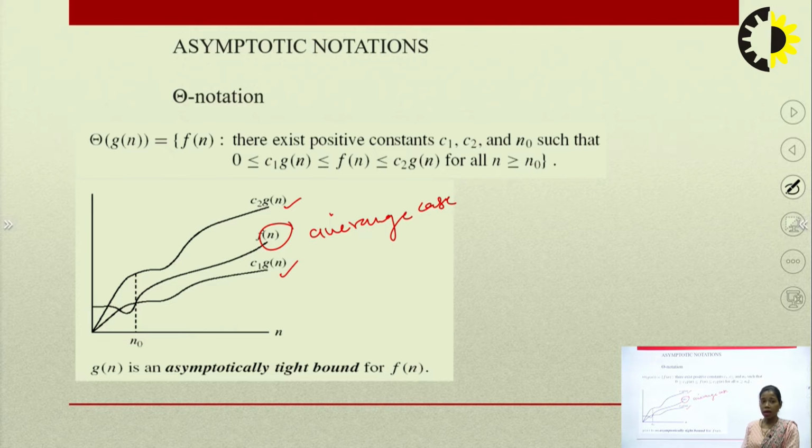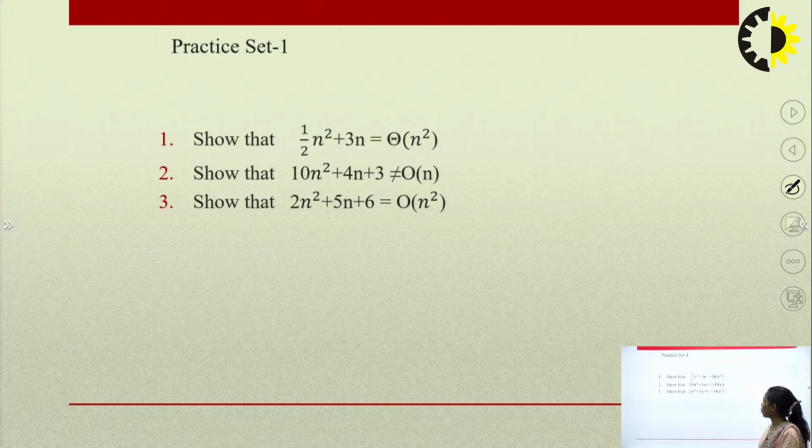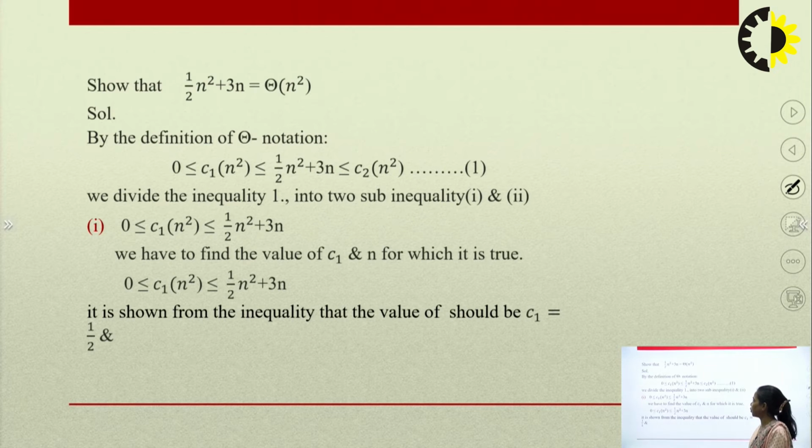So now I am going to show the practice set of these three questions. With the help of these three questions, the theta notation, big O notation and big omega notation will be clear to you. Now we are going to solve the questions.